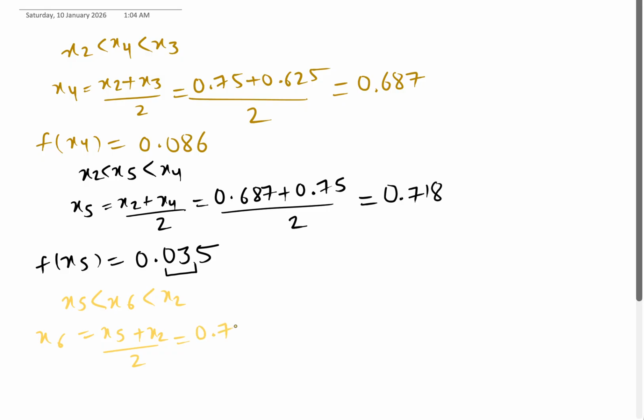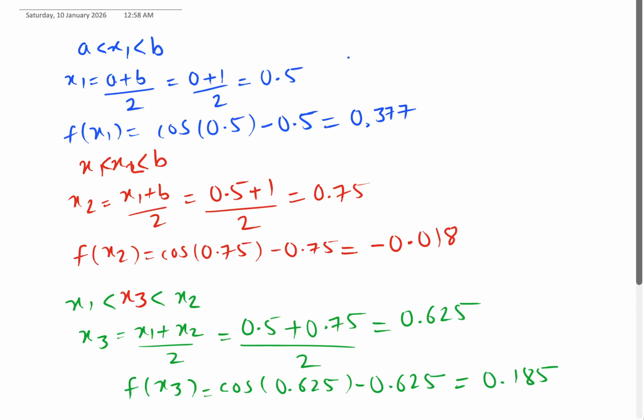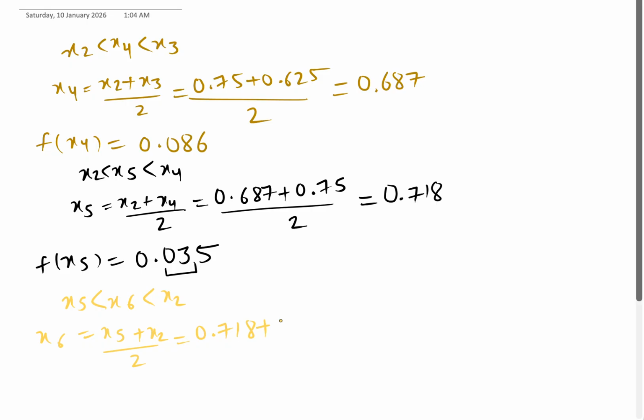0.718 plus x2 we want. Where is x2? x2 is 0.75. 0.75 plus 0.718 divided by 2, 0.734.